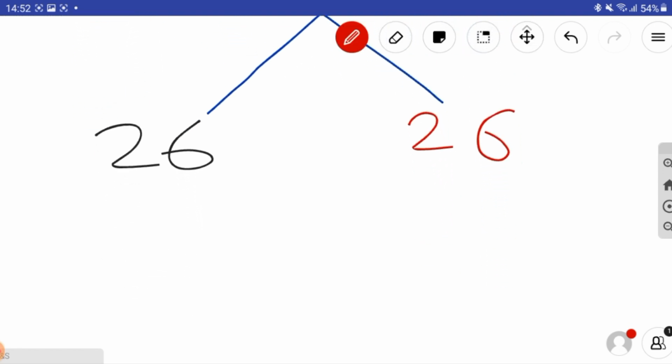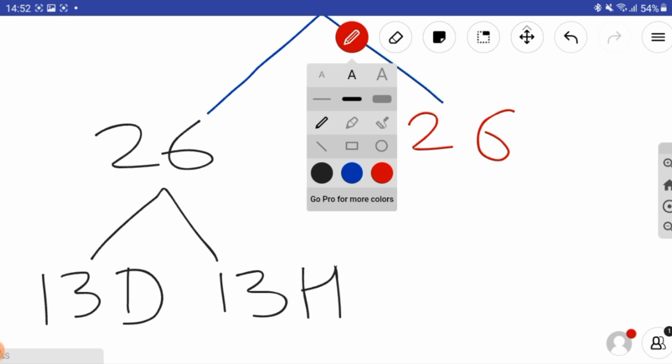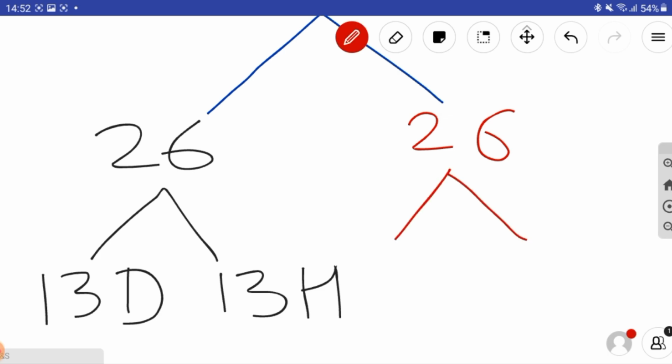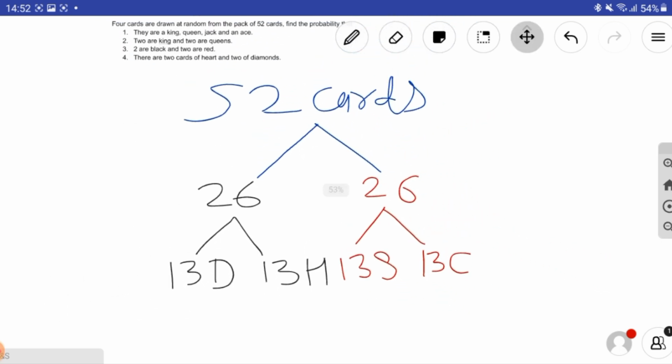Then in 26 black cards there are 13 cards of diamond and 13 cards of heart. And in red cards, 13 cards are of spade and 13 cards are of club. So now we can move ahead with our question.